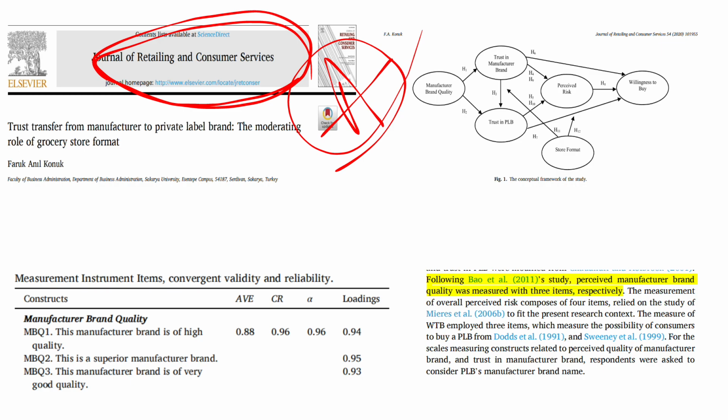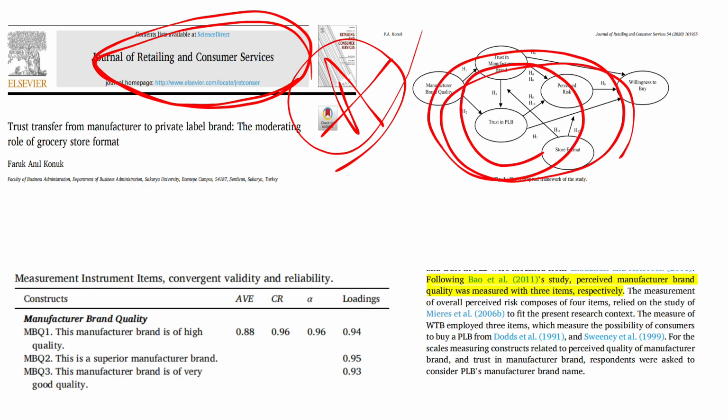It was published by Farooq Anil Konuk, and the title is Trust Transfer from Manufacturer to Private Label Brand: The Moderating Role of a Grocery Store Format. Here you can see the researcher used this model.